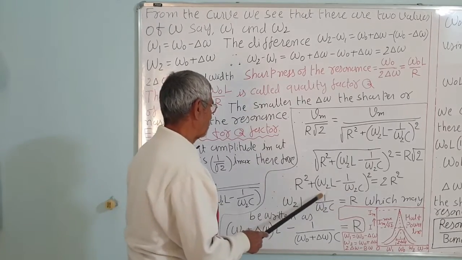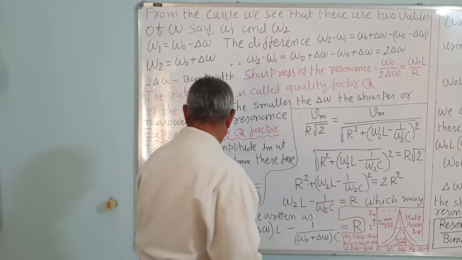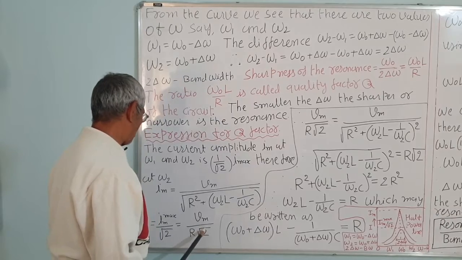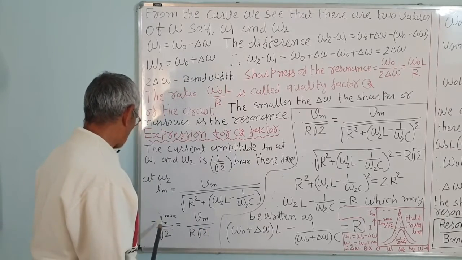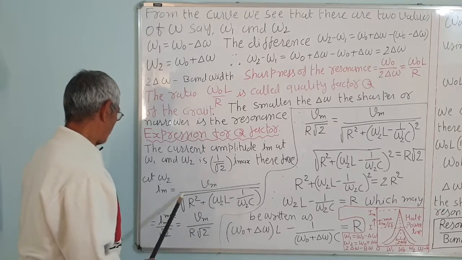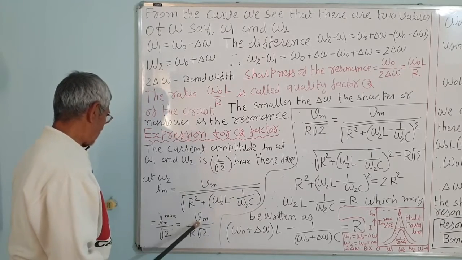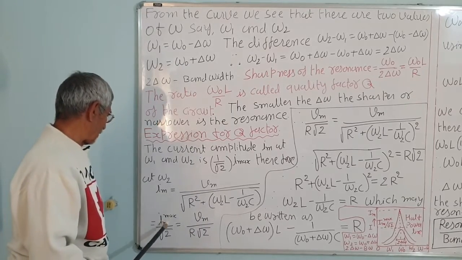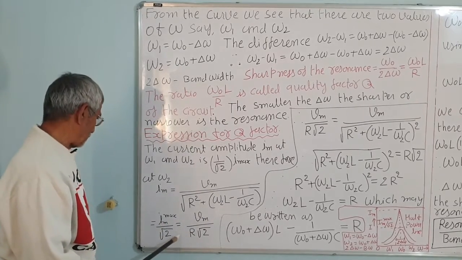So this equation becomes Im upon under root 2 is equal to Vm upon R under root 2. Because Im is Vm upon R at resonance, the current becomes I maximum upon under root 2, so divided by under root 2.